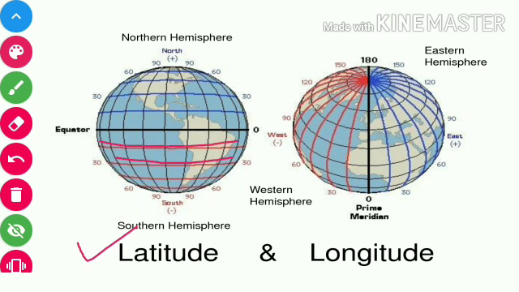And what is longitude? The line which is drawn vertically from North Pole to South Pole is called longitude.